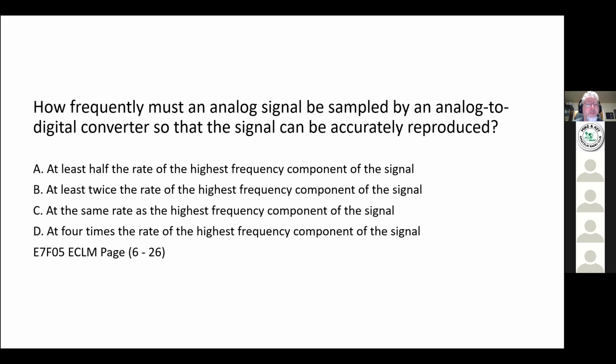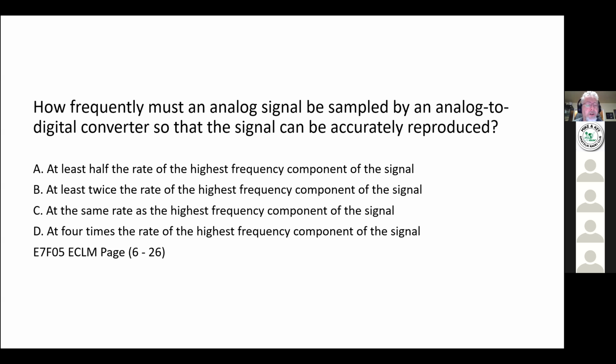How frequently must an analog signal be sampled by an analog to digital converter so that the signal can be accurately reproduced? A, at least half the rate of the highest frequency component of the signal. B, at least twice the rate of the highest frequency component of the signal.